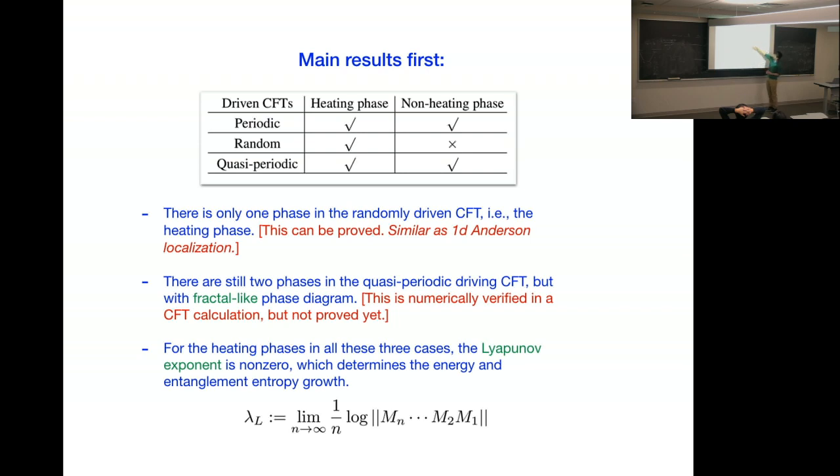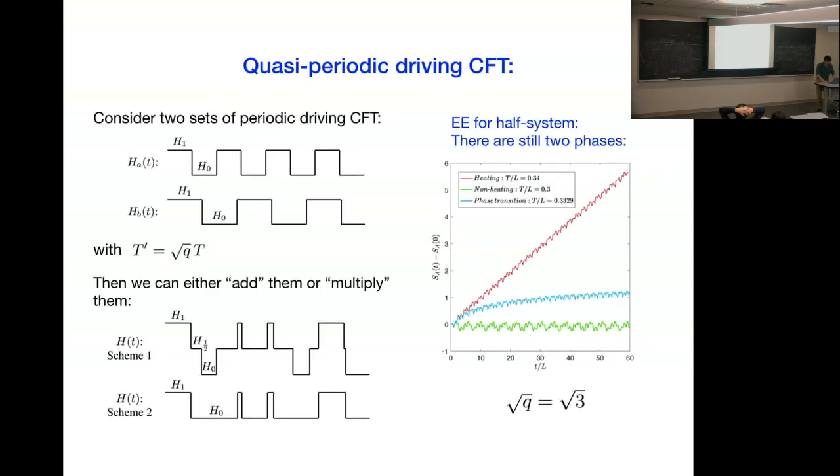In all these 3 cases, the heating phase only depends on the Lyapunov exponent of the product of the SL2C matrices. Okay, I will quickly show you the general feature. In the quasi-periodic driving, we still have 2 phases, the heating phase and the non-heating phase, but there is some fine structure in the entanglement entropy.